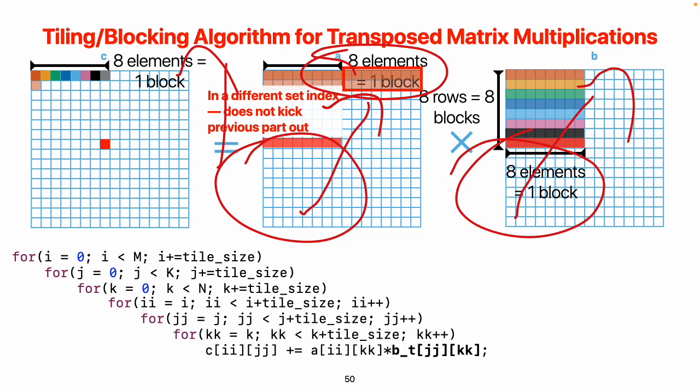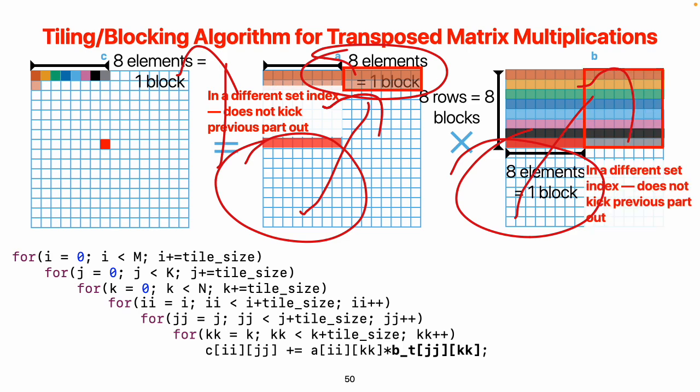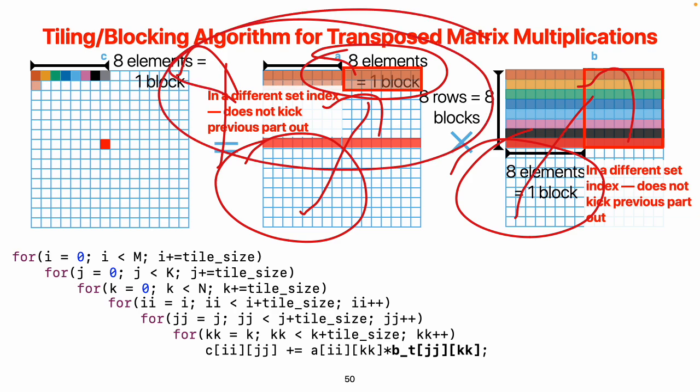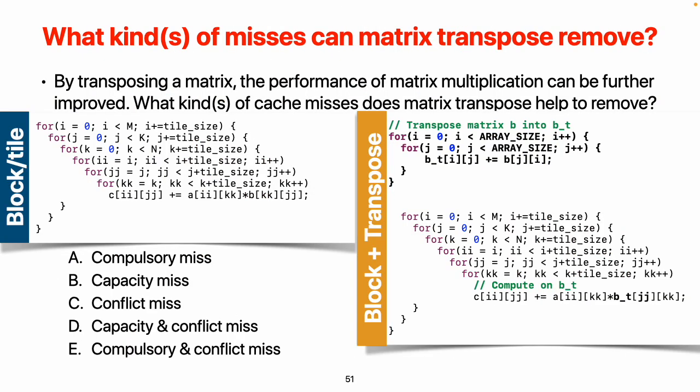All good? Okay. So it means if we are transposing our data, we can potentially make our tile go larger in one side, at least, right?